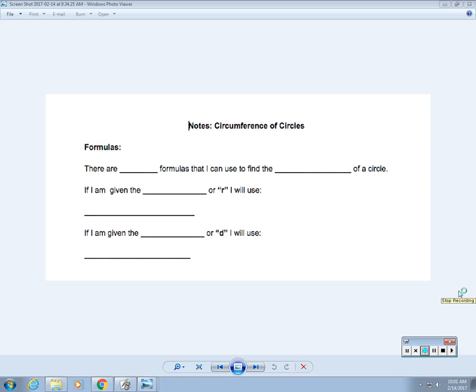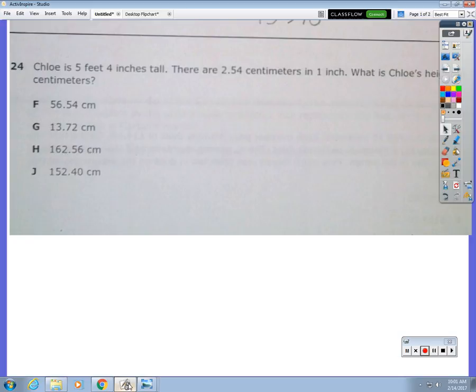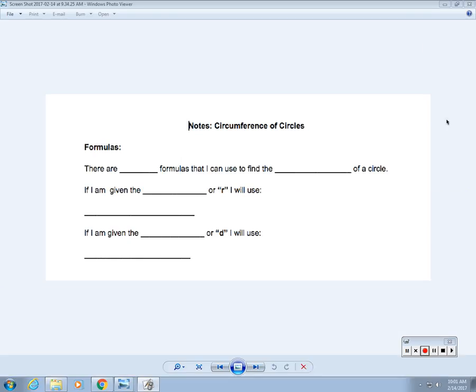Okay, so for formulas, how many formulas are there? Two. Two formulas I can use to find the circumference of a circle. That I can use to find the circumference of the circle.